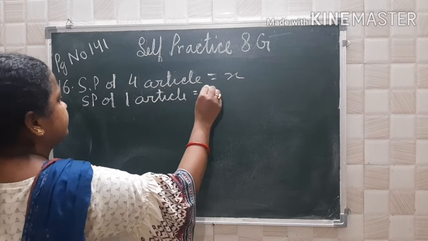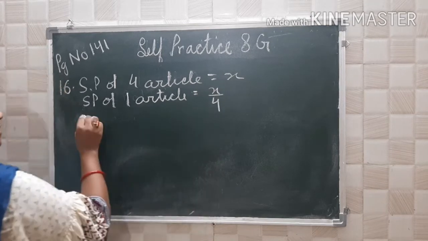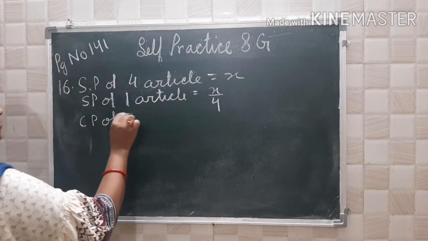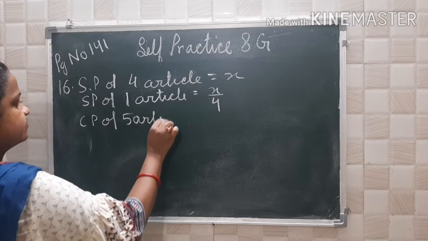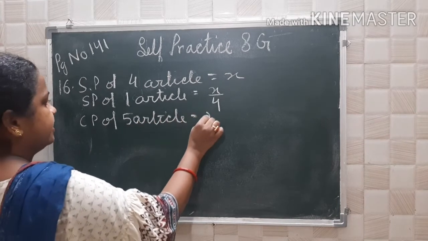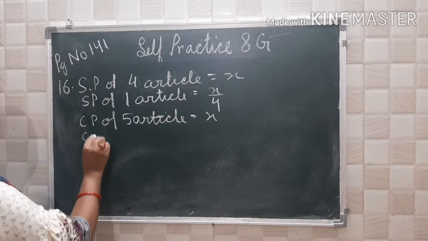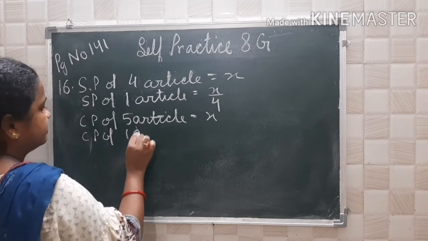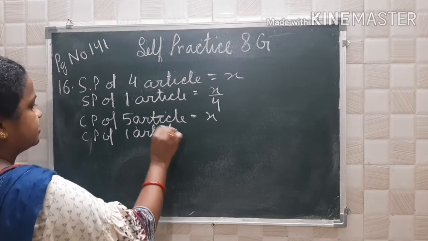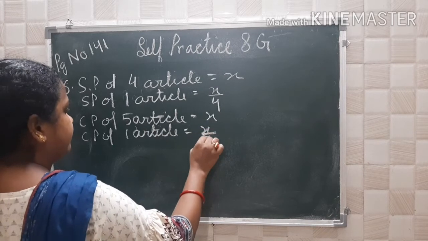SP of 1 article is x by 4. CP of 5 articles is equal to x. CP of 1 article is equal to x upon 5.